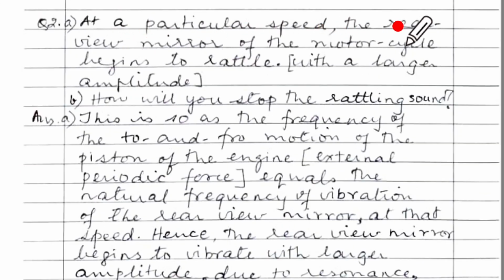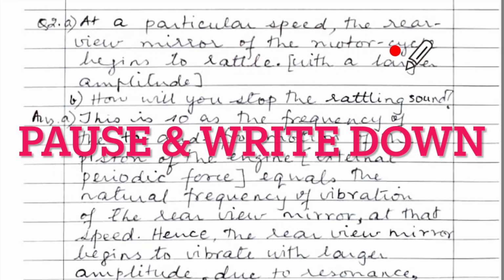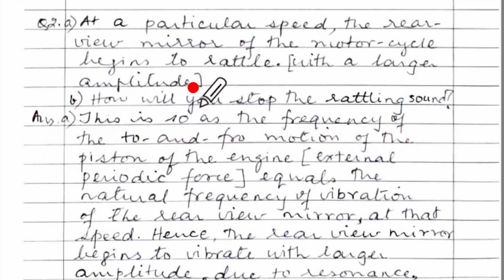Let's look at the next one. At a particular speed, the rear view mirror of the motorcycle begins to rattle with a large amplitude. And how will you stop the rattling sound? So we start by saying that this is happening due to resonance. The keyword should be mentioned.